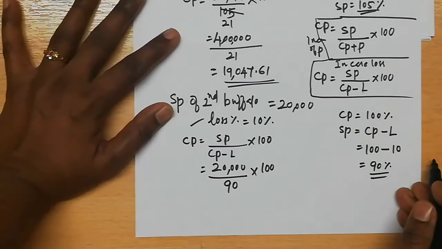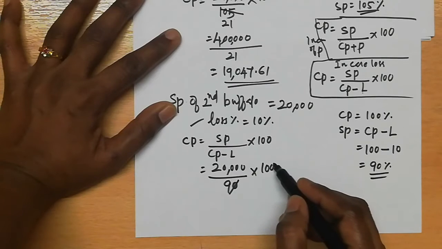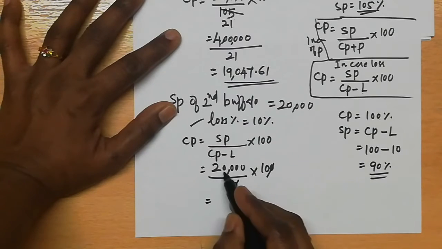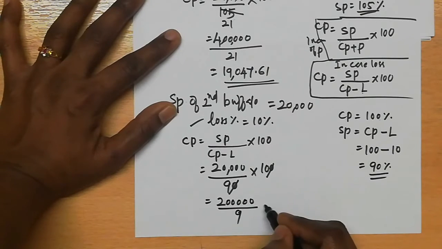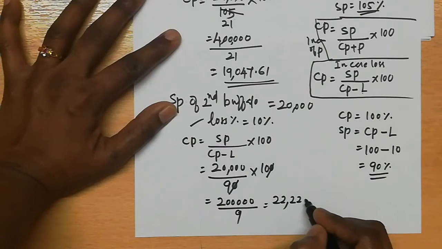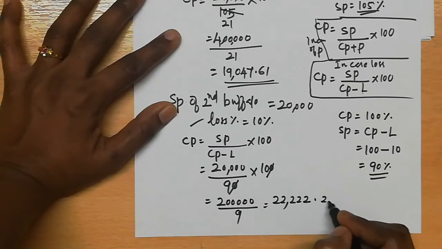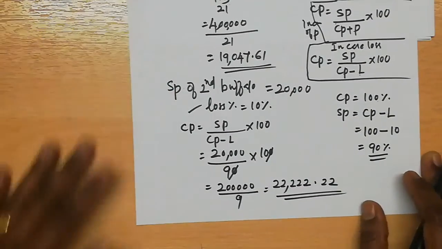Cost price means 100%. Clear? So we can cancel 0 and 0. So here is 2 lakh divided by 9. That we will get 22,222.22 if we divide that amount.